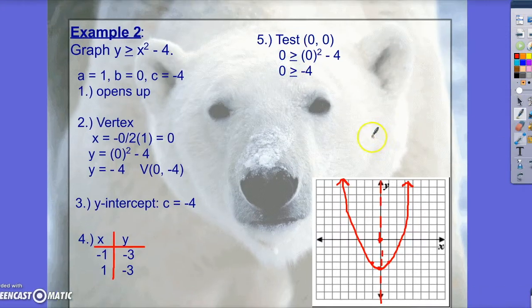I get 0 greater than or equal to -4, which is true. So I shade where 0, 0 lies, which is inside.